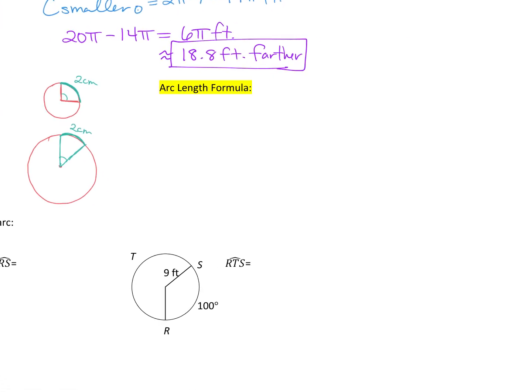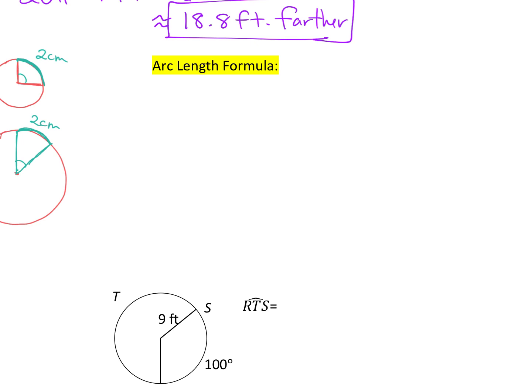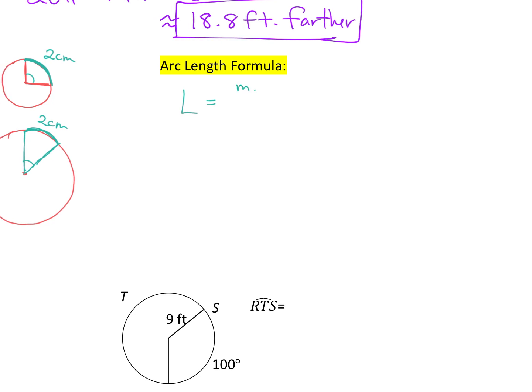Okay, but the formula for arc length is this. It will say the length of an arc is the measure of that same arc, so how many degrees the arc is, over 360 times pi d. Looks like a really confusing formula, but when you stop and think of it, it is not.